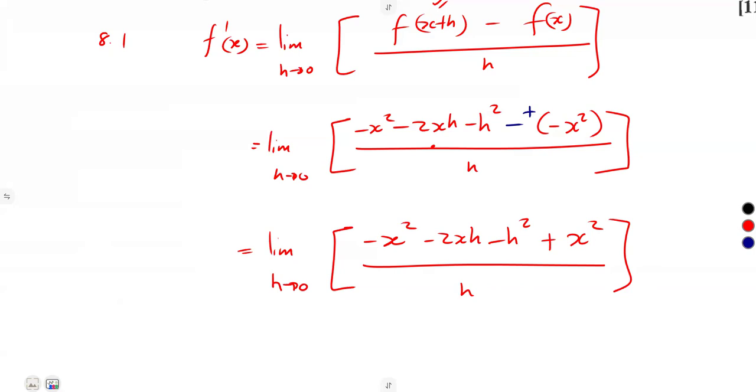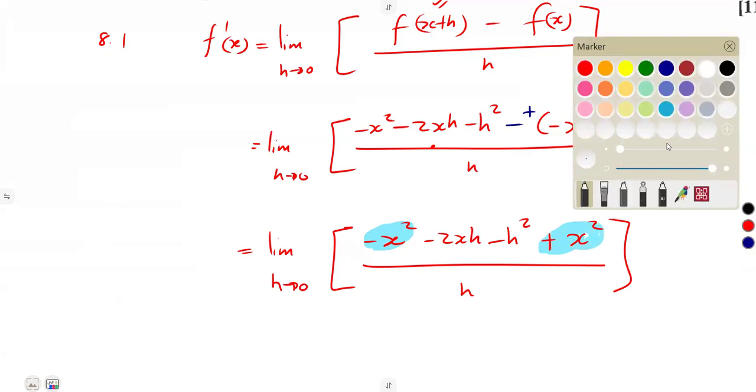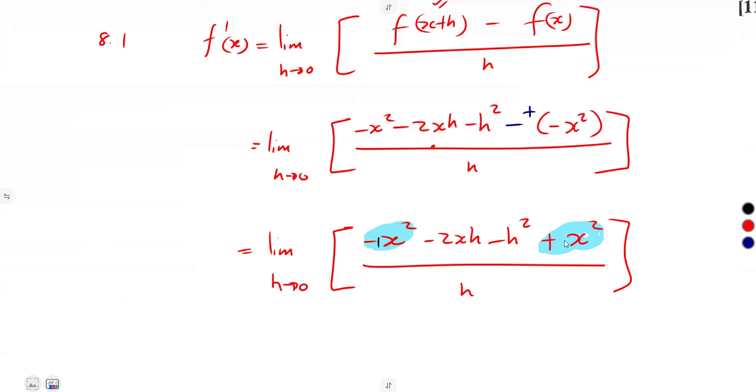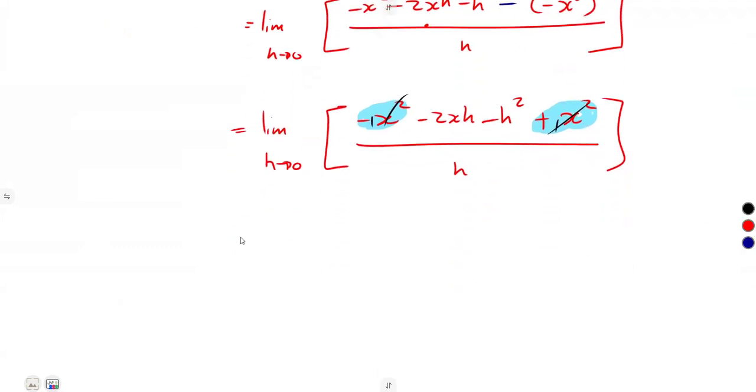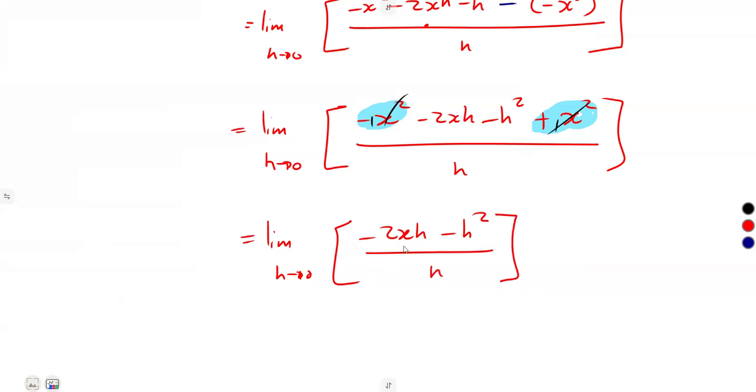And collecting your like terms, minus x squared plus x squared was going to cancel. This was going to give us a 0. So that was going to cancel, and you remain with these two terms in between, which is limit h approaches 0 of minus 2xh minus h squared over h. And that's it.